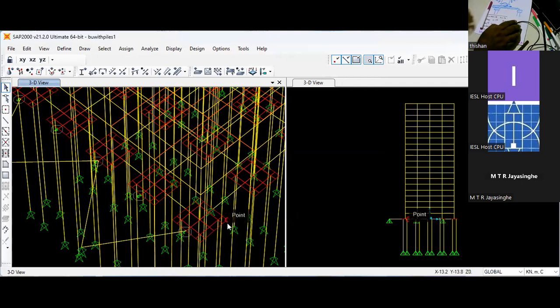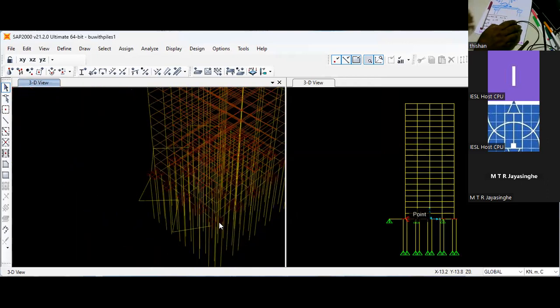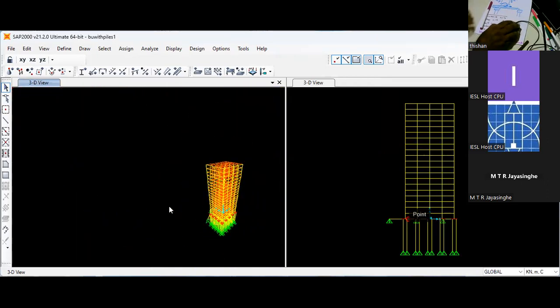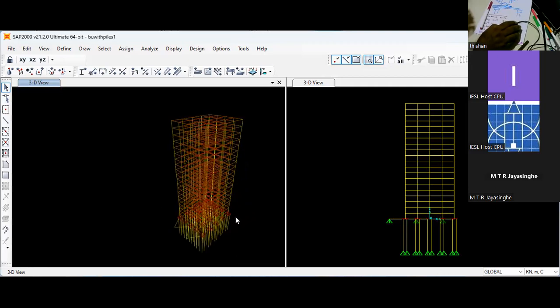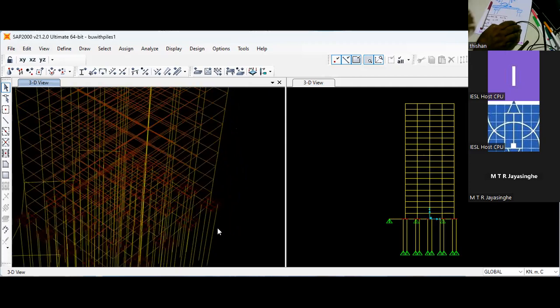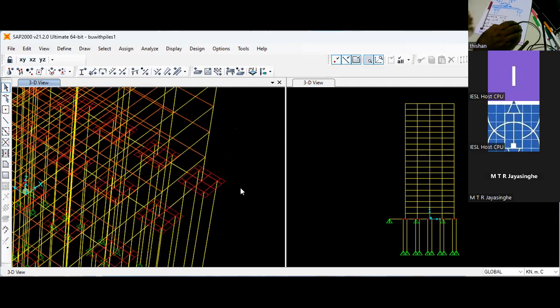And from each pile, we get, if I concentrate on this particular corner, you can see how it goes. Here you can see one column coming above, and then we have a pile cap, and from the node points of the pile cap, we are getting the piles going down. Now in this particular model, I have not modeled the soil by using springs.